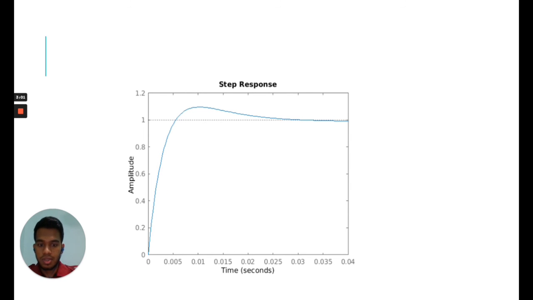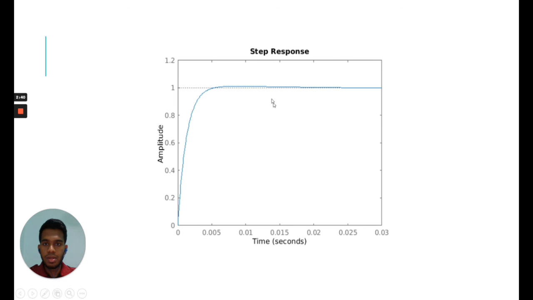So as you can see here, after the KD is increased, we can see the overshoot gradually decreasing and the rise time slightly increasing. So in order to reduce the overshoot, we increase the value of KD. Same goes for the next graph.